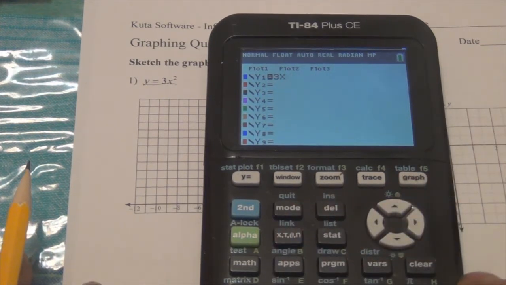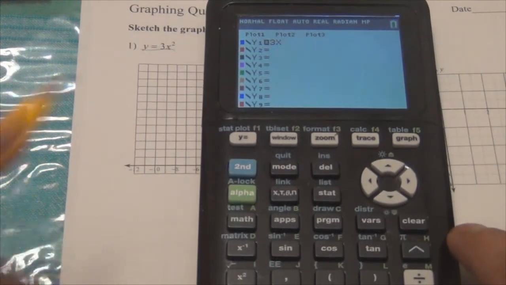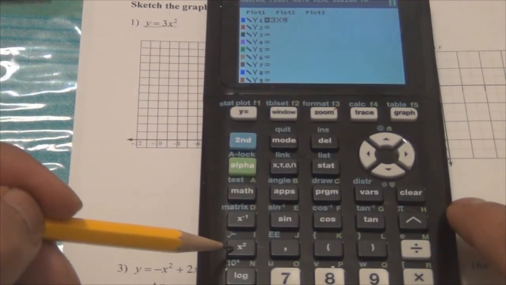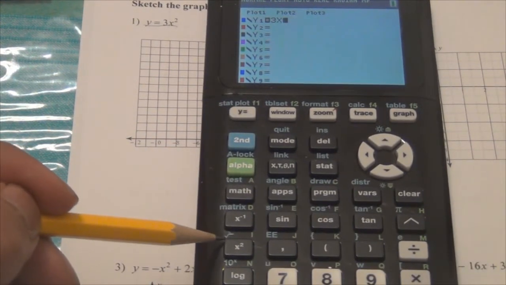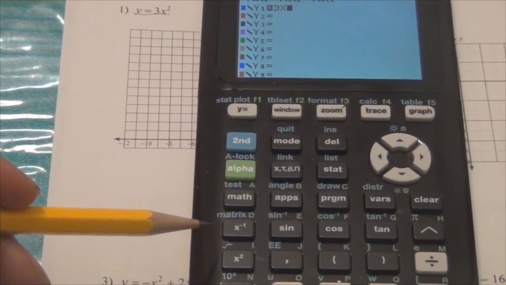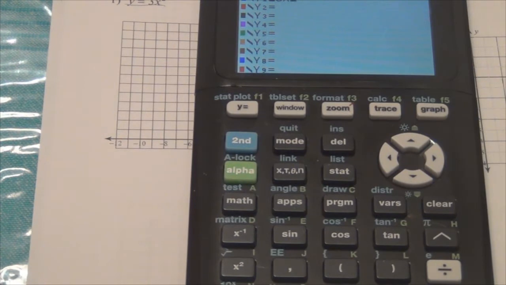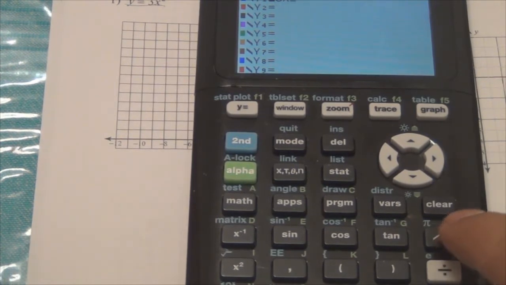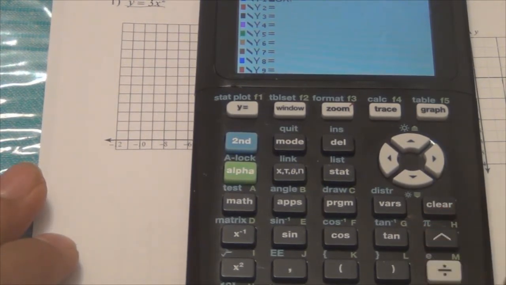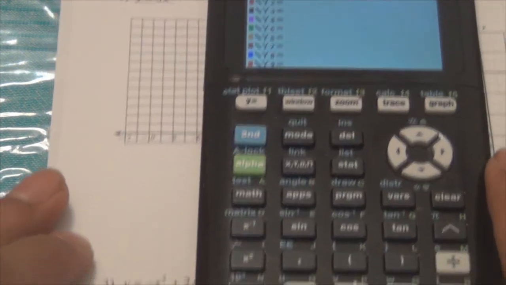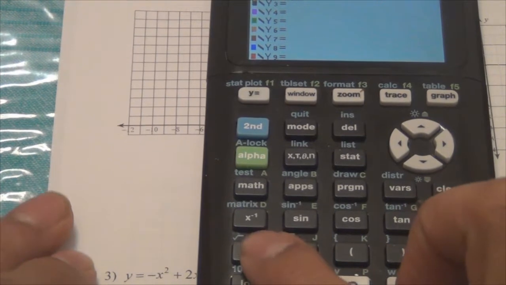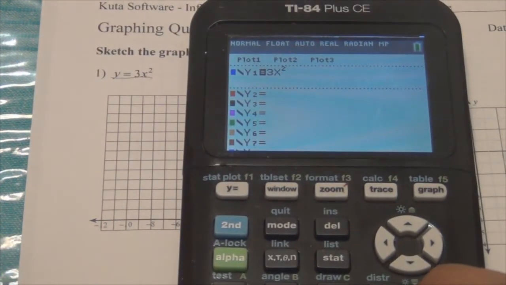And for the purposes of this, you could either press this button right here that has the square root in blue, or you could just press this key, which means anything to the whatever power. So I'm going to press this button right here. Okay, so look, 3x squared.